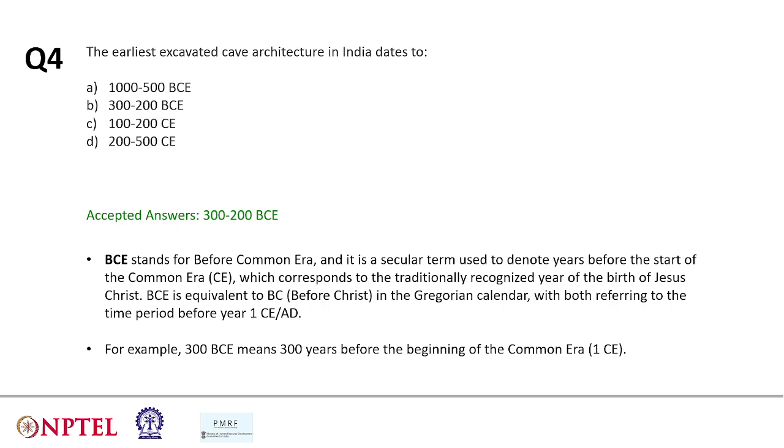But BCE, which stands for Before Common Era, is more of a secular term, which again denotes the years before the start of the Common Era. It corresponds to the year that we traditionally recognize as the birth of Jesus.